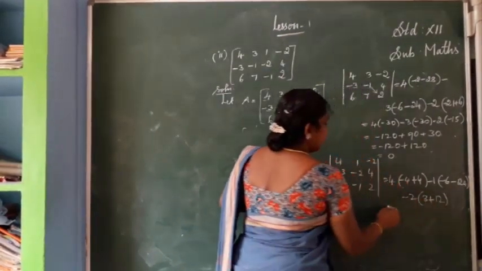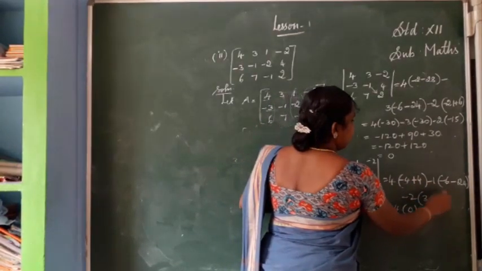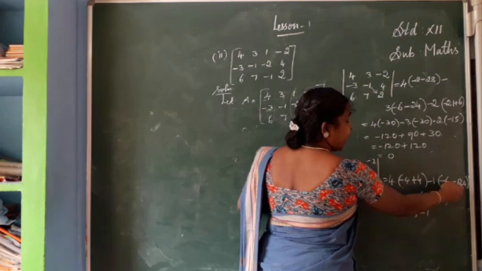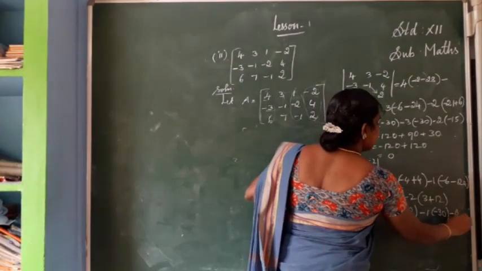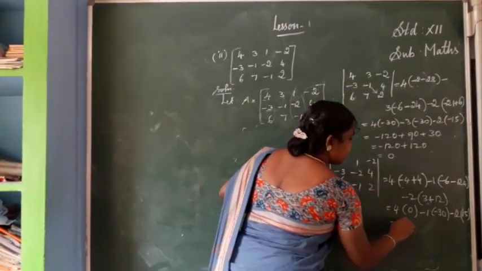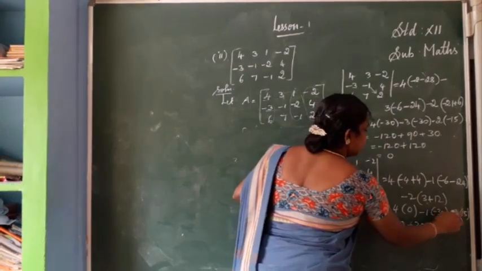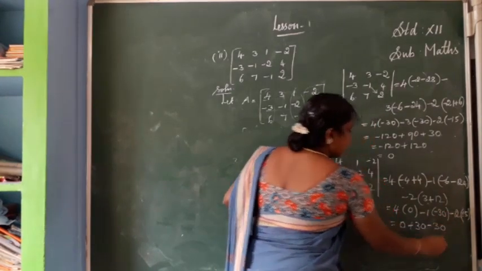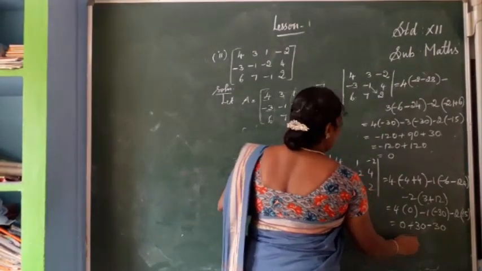Equal to 4 into minus 4 plus 4 is 0, minus 1 into minus 6 minus 24 is minus 30. Next, minus 2 into 3 plus 1 is 15. Now 4 into 0 is 0, minus into minus plus 1 into 30 is 30, minus 2 into 15 is 30. Okay, plus 30 minus 30 is 0. So again we got determinant 0.